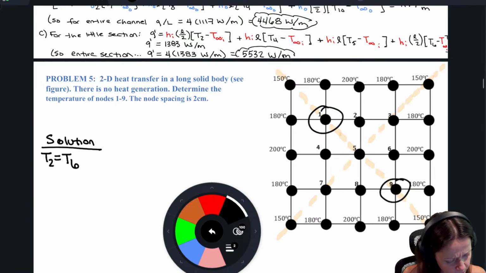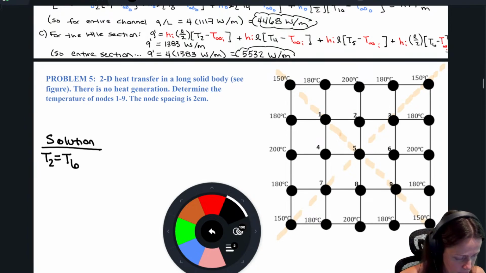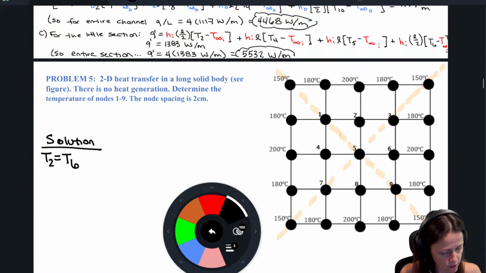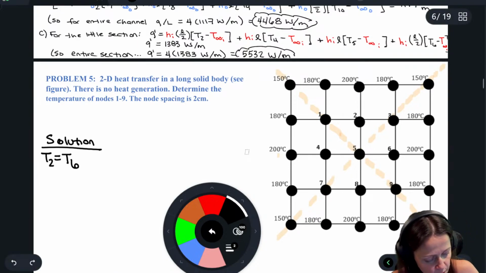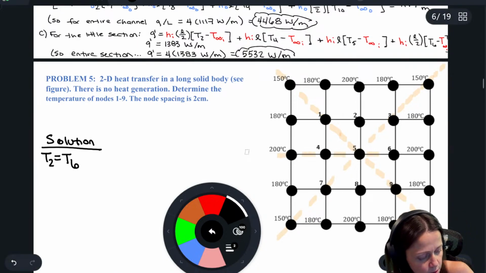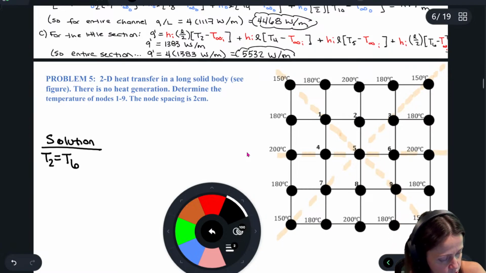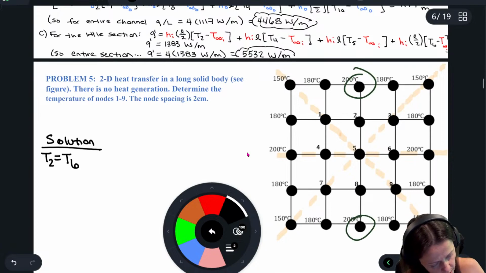And then before we write that down, going back to 2, so 2 and 6 are the same. I also have a little line of thermal symmetry here, right? So let's just check that out. So it looks like this and this are the same, this and this are the same.